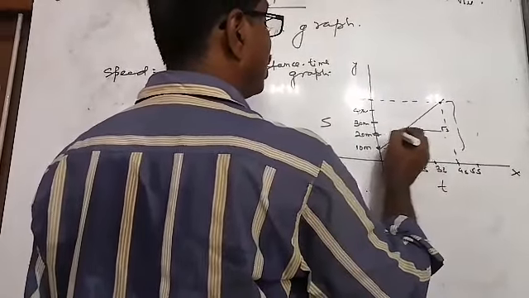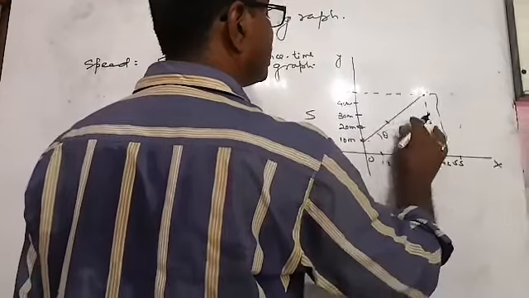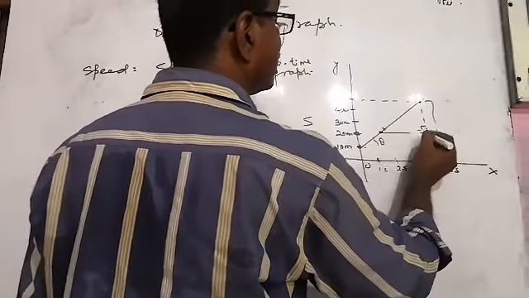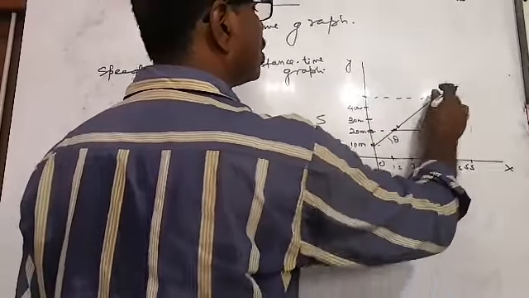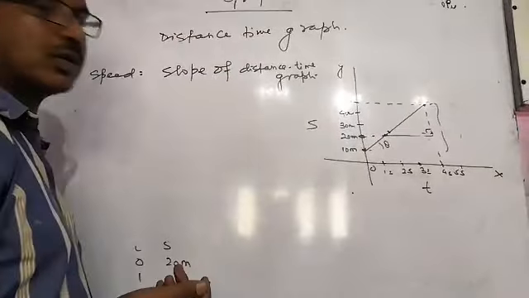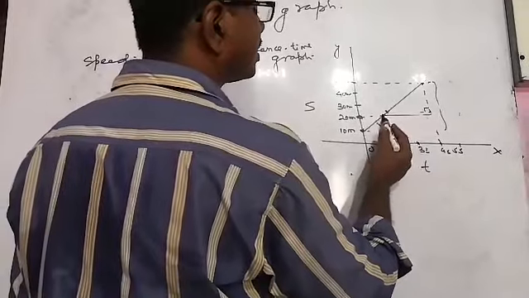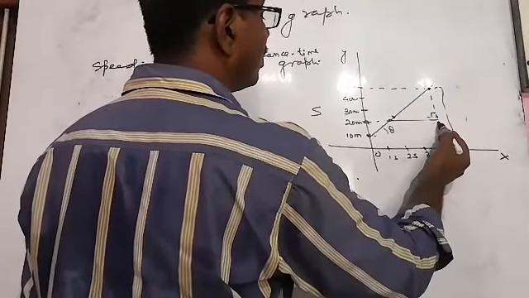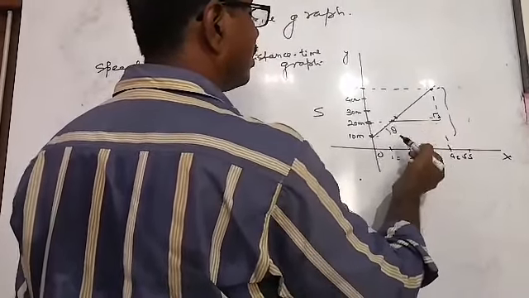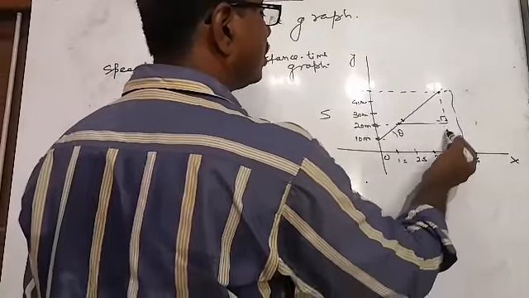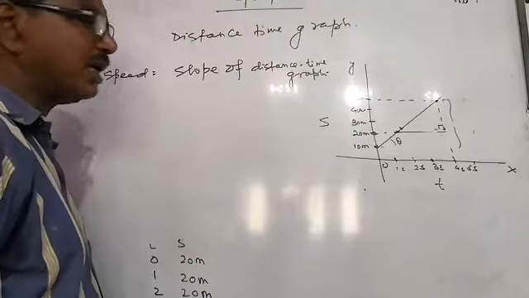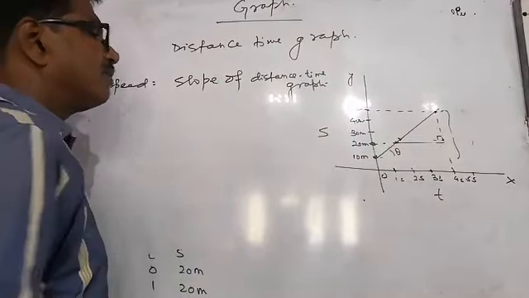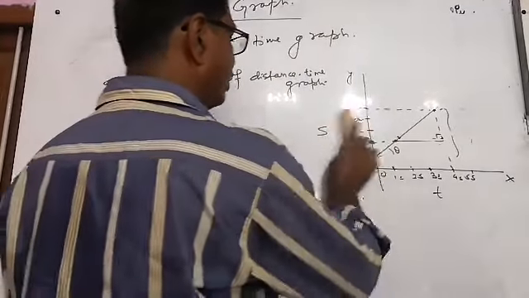So this much is equal to how much? 15 and minus 20, so 30, and this much is equal to how much? 4 and minus almost 2. So 4 by 2. Actually my graph is not so accurate, that's why I will take another graph, then it will be very easy for you. Okay.